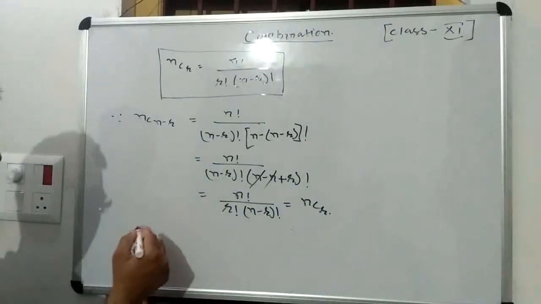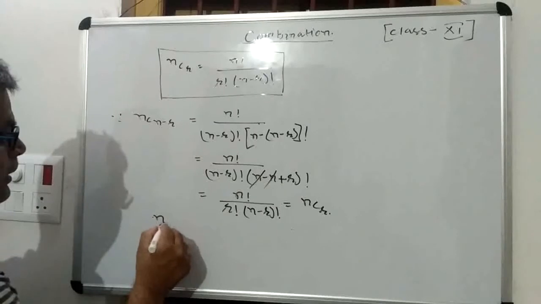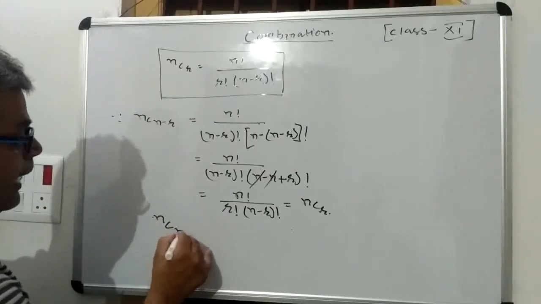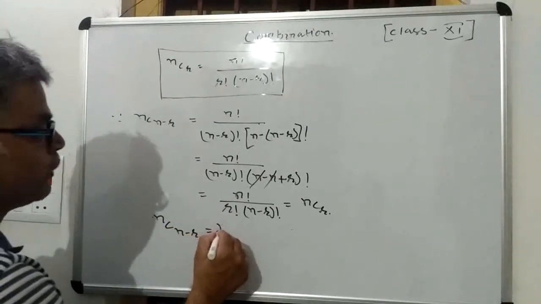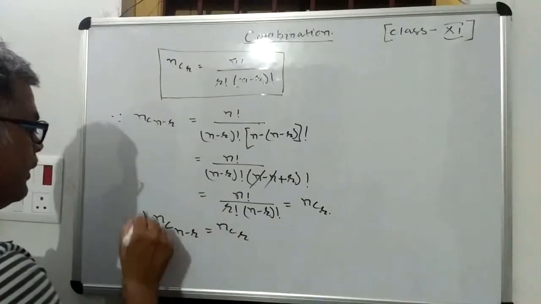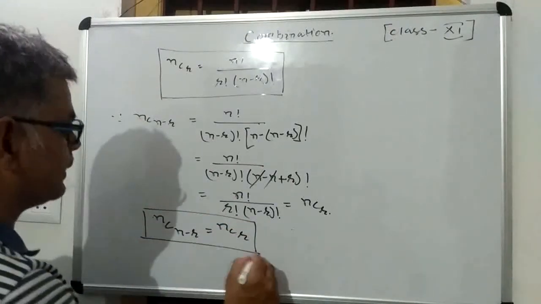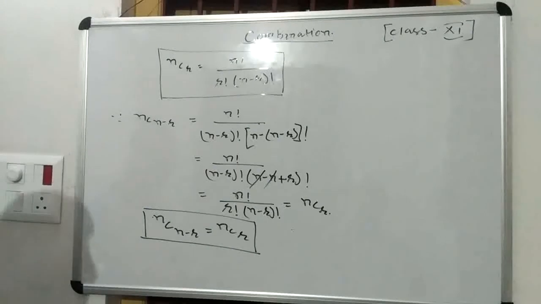So here we got one more important result, that is nC(n minus r) is always equal to nCr. This is also an important result in the combination. These results are very important and you need to remember them.